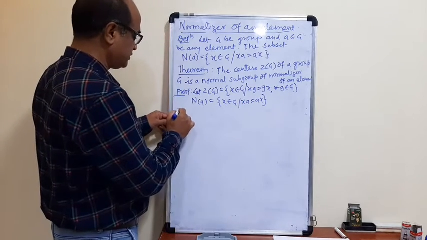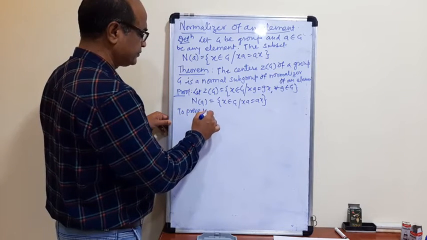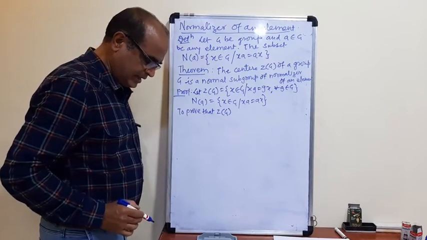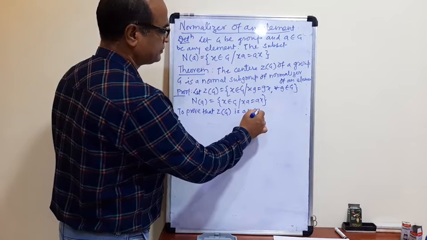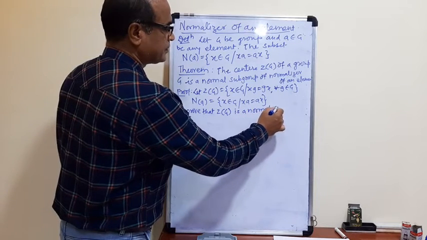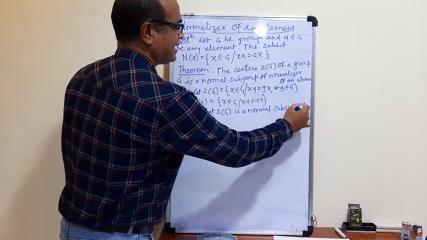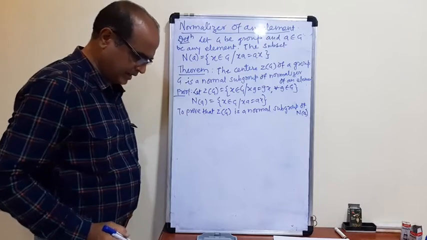To prove that ZG, the center of a group G, is a normal subgroup of NA.